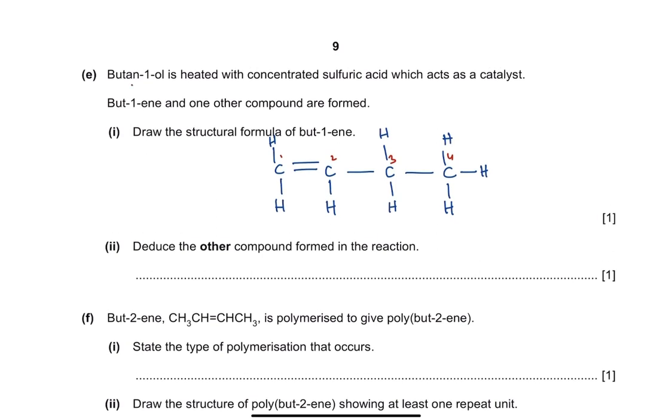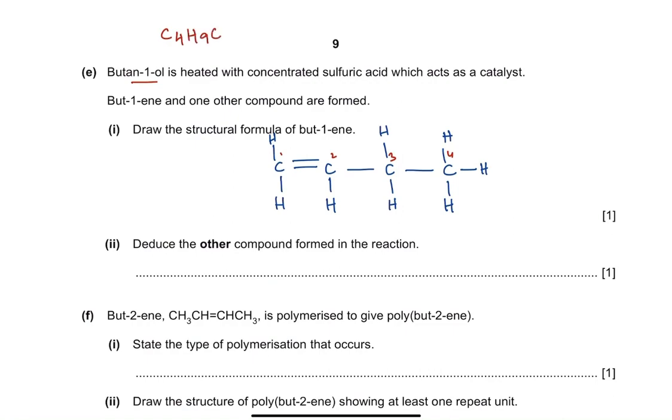Deduce the other compound from this reaction. Butanol has a chemical formula of C4H9OH. If it reacts in the presence of concentrated sulfuric acid and gives butene, butene has a formula of C4H8. Now what's the other compound? Butanol has 4 carbon atoms, 10 hydrogen atoms and 1 oxygen atom. Butene has 4 carbon atoms, so all the carbons from butanol go into butene.